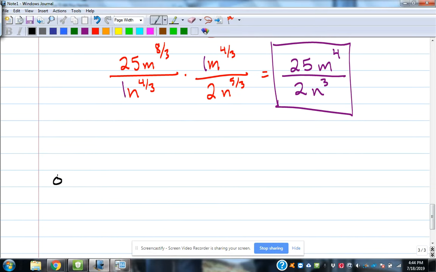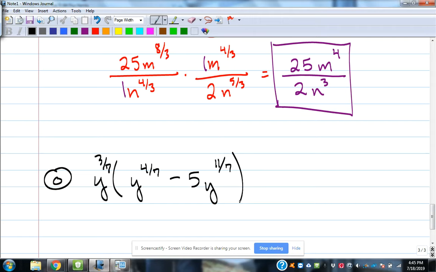All right. Let's say we had y to the 3/7 times parentheses y to the 4/7 minus 5 y to the 11/7. That looks a lot like this problem.